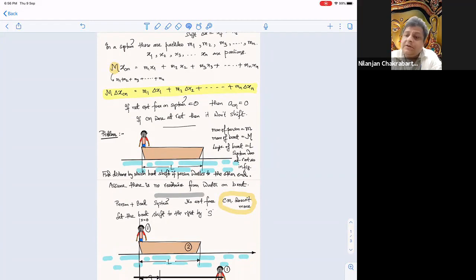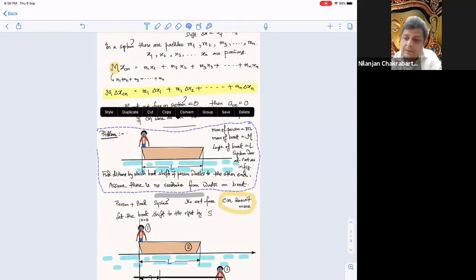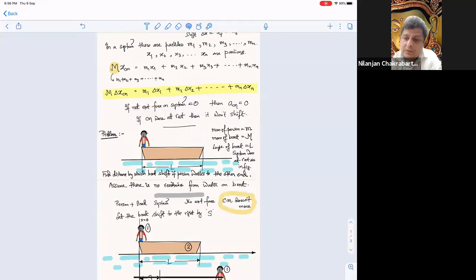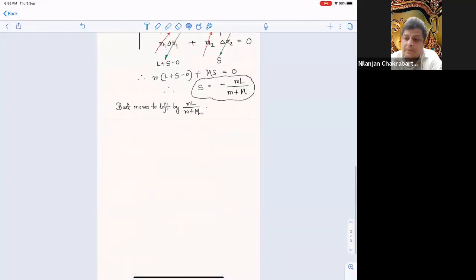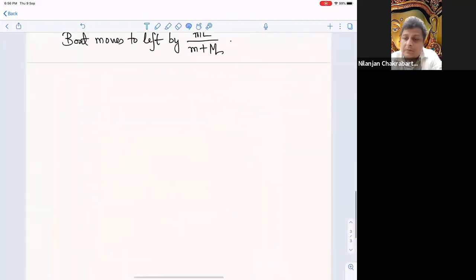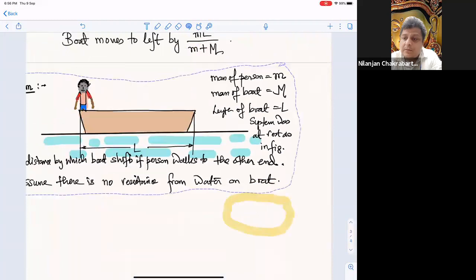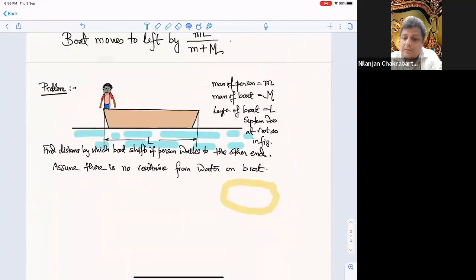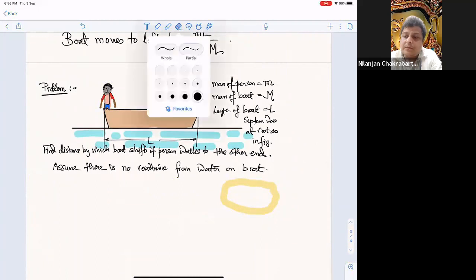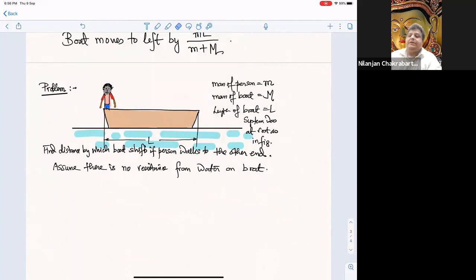Find the distance. Let me copy it and I'll modify. I am modifying it.